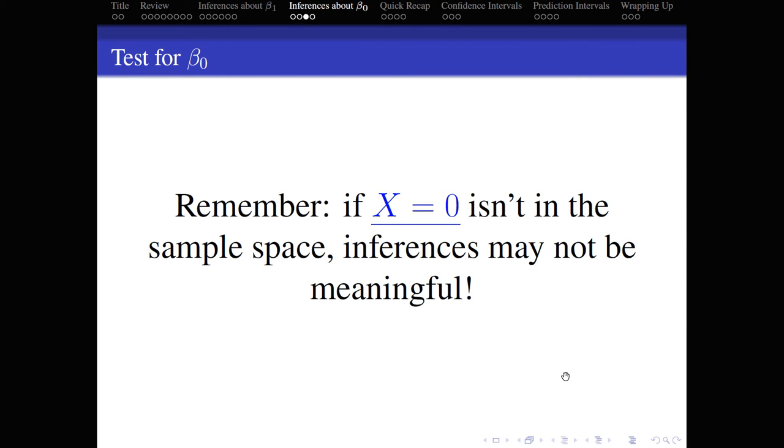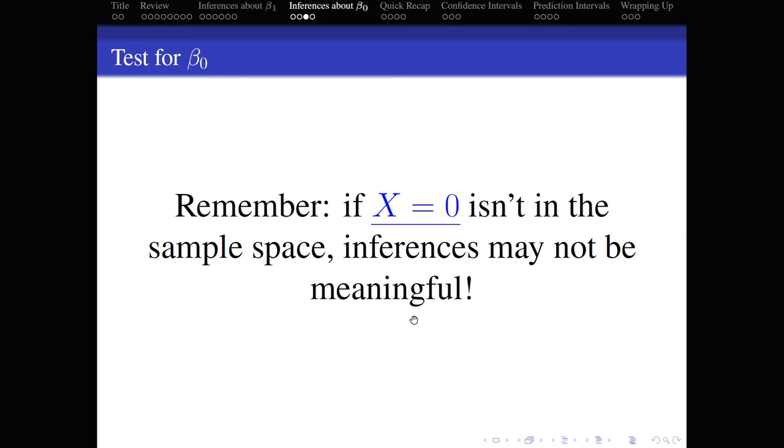All right, so just like before when we were talking about how we do interpretations of beta 0 or b0, remember, if x equals 0 isn't in the sample space, so this is all the possible meaningful values of x, then inferences about it may not be particularly meaningful. So if x equals 0 doesn't make sense, then inferences regarding it don't necessarily make sense either.